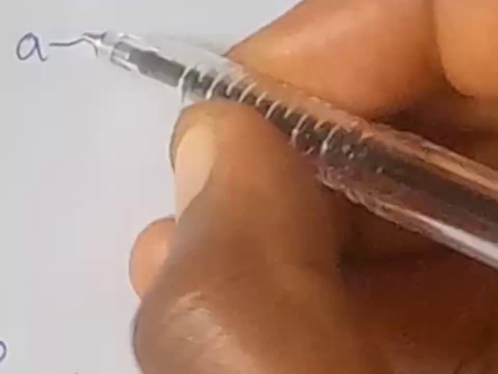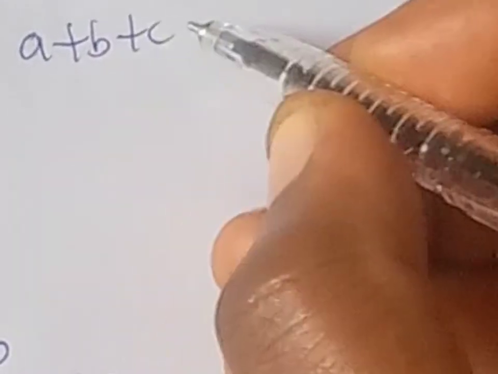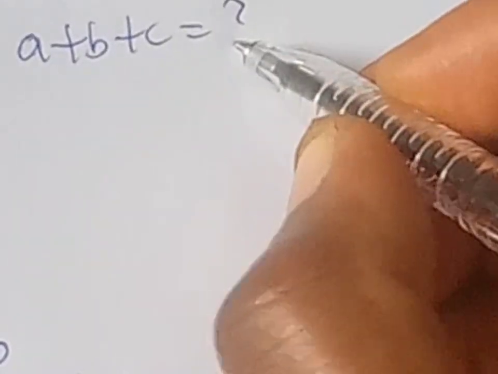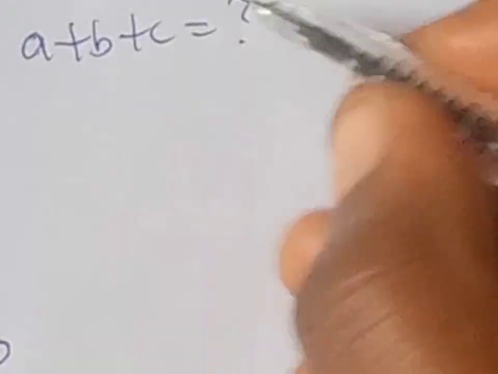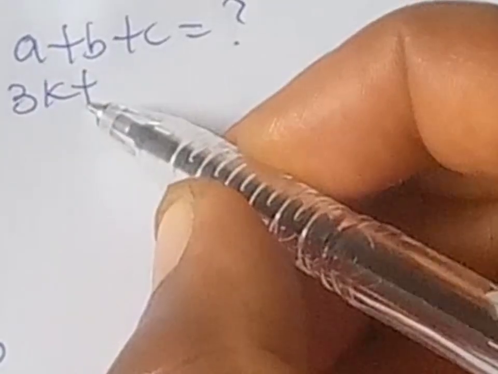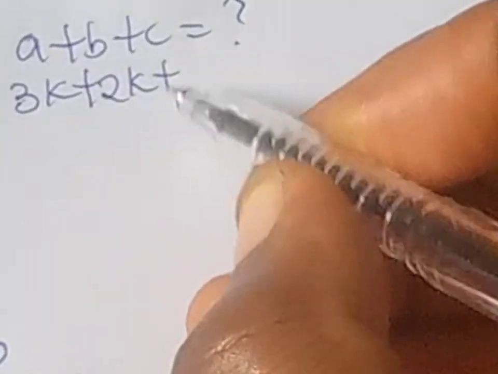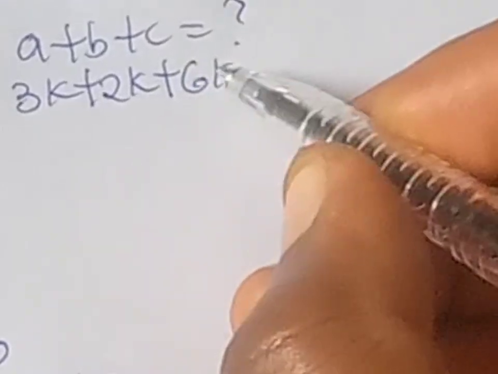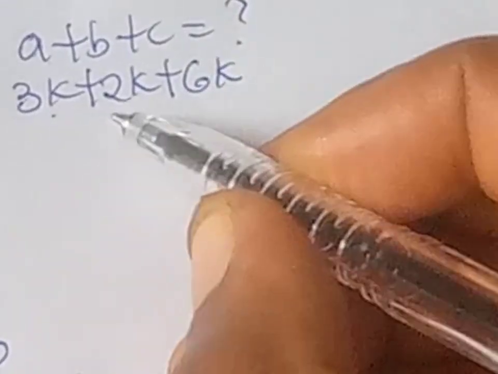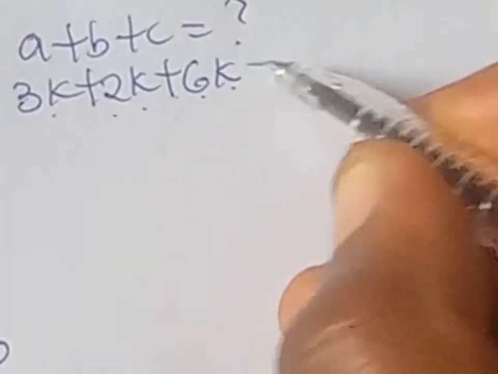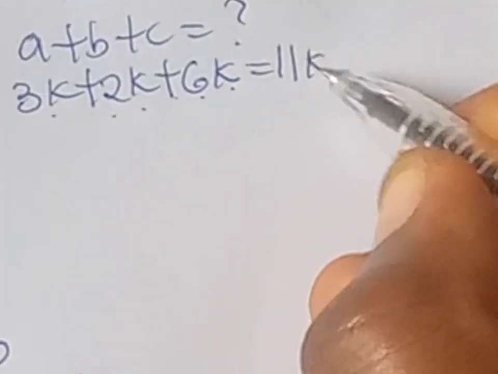The question before us says A plus B plus C equals what? Now let's replace each variable. That is, A is 3k, B is 2k, and C is 6k. 3k plus 2k plus 6k gives us 11k.